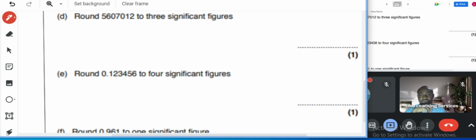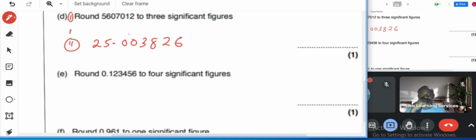Okay, let me give us this one. Let me write this. I'll call it D I and D II. Assuming you're given 25.0038261, you're asked to round it to 4 significant figures.